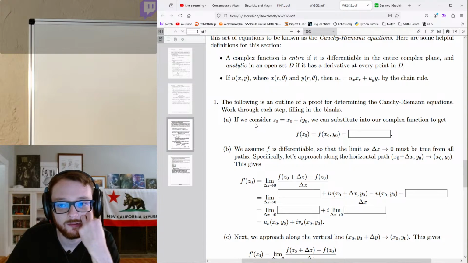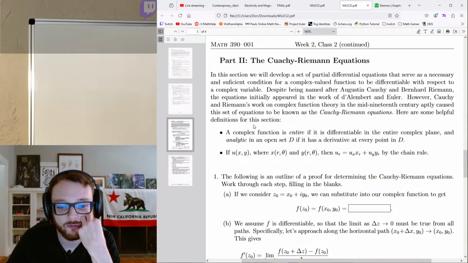What do the Cauchy-Riemann equations actually say about a function that meets the requirements?